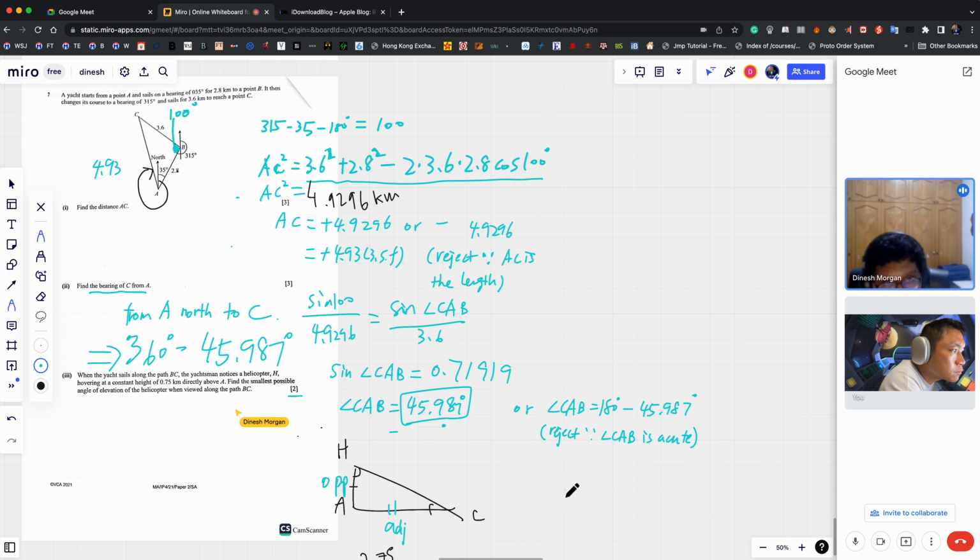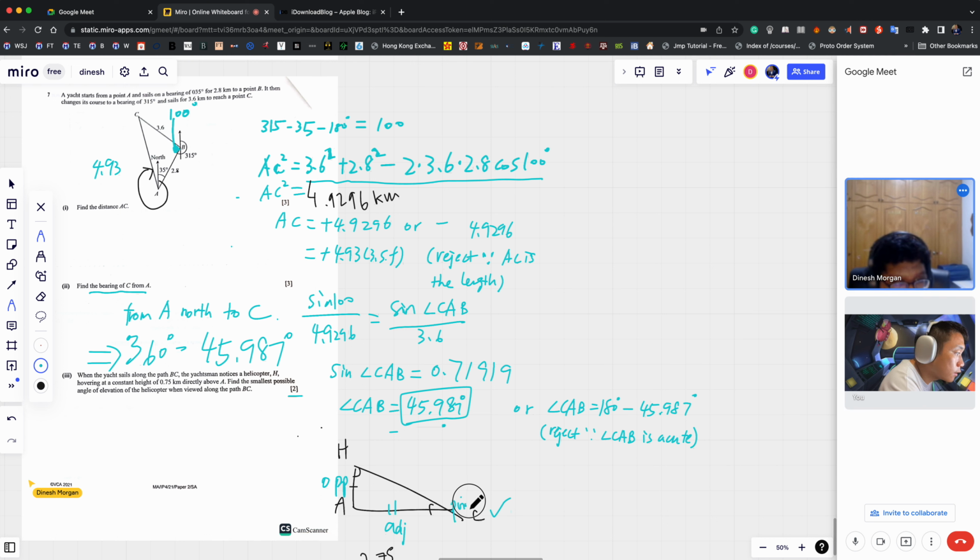I found it already, right? AC should be... And hold on, find the smallest angle of elevation of the helicopter when viewed along the path. The smallest, so the longest is the better, right? That's why you pick point C, right?